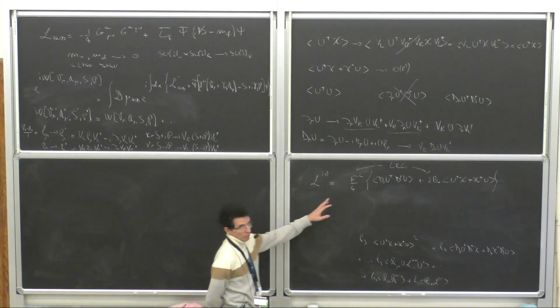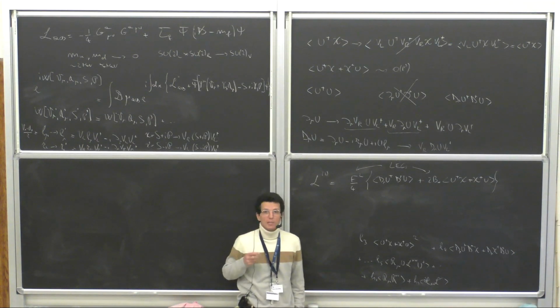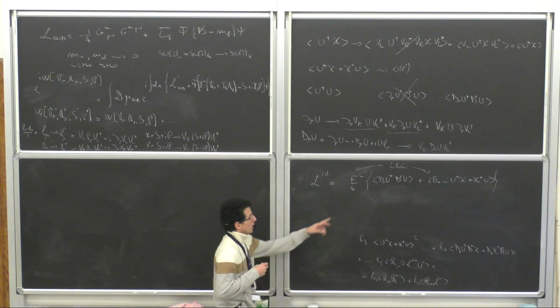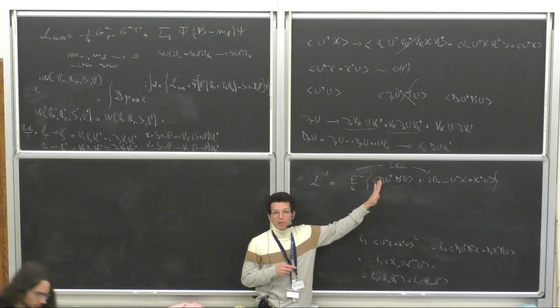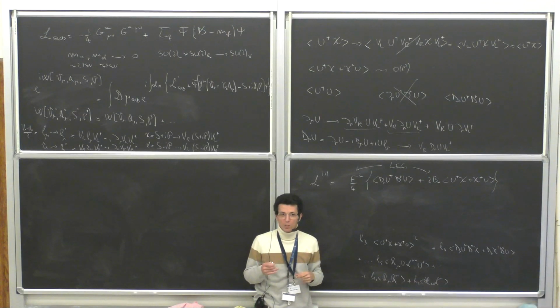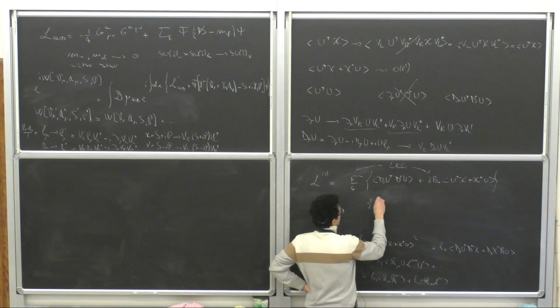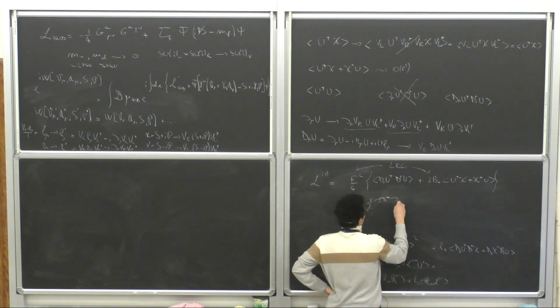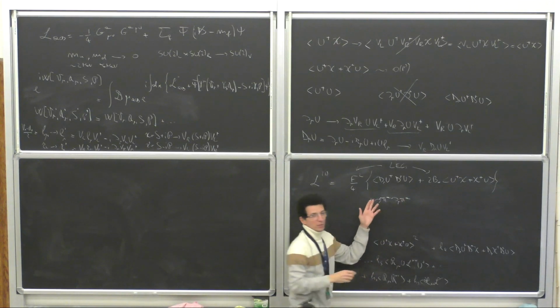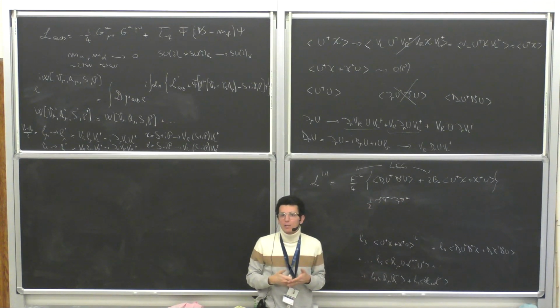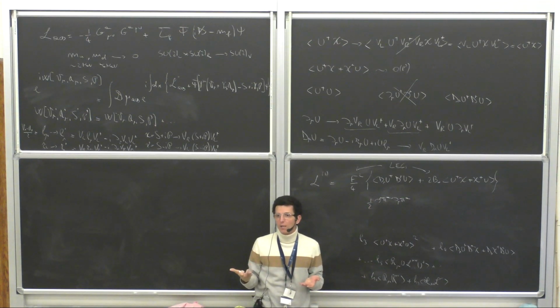I wanted to discuss very briefly the renormalization. As I was saying, this Lagrangian, the lowest order Lagrangian, already contains an infinite number of couplings. The first one is this term, simply the kinetic term of the pions.